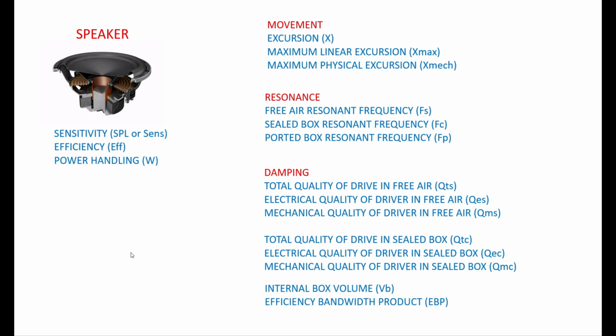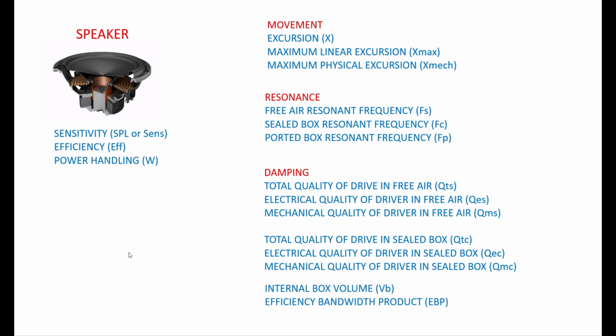And then of course there is dampening, the terms QTS or QTC if it's in a box. Dampening is about how quickly that oscillation of the speaker comes to rest, and QTS is a measure of its dampening, made up of its electrical and mechanical dampening. As I said, the terms are different depending on whether it's in free air or a box.